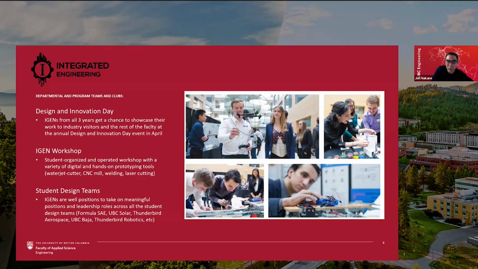Now, not only do people work on projects, but UBC as a whole is famous for student design teams. These are teams where students are building for the year and they go to a competition. They're flying everywhere across North America and the world to compete. And UBC happens to have the greatest number of teams of any other institution that I really know of.